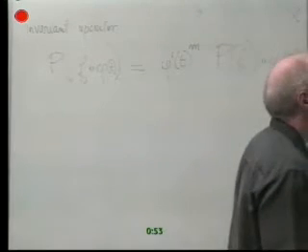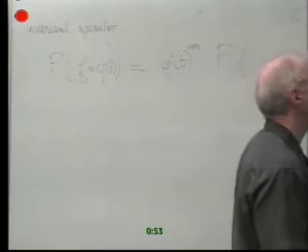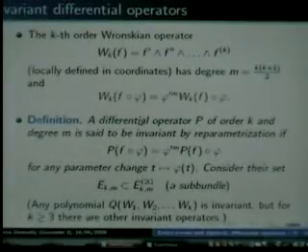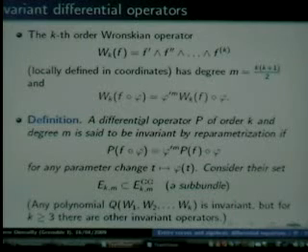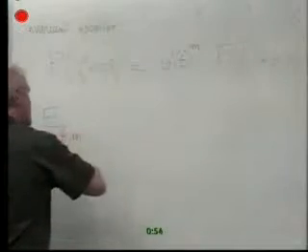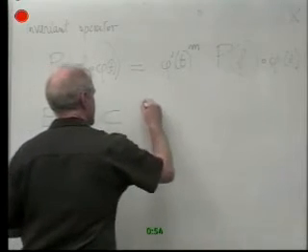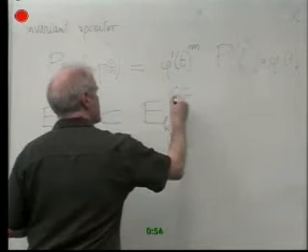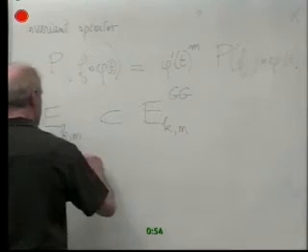So, for instance, all combinations of Wronskians are okay. But one can show that there are also other operators which do not depend only on Wronskians. And then you get a new bundle, which is a subbundle of EGG, which is the bundle of interesting operators. So these are all operators. These are the invariant ones.